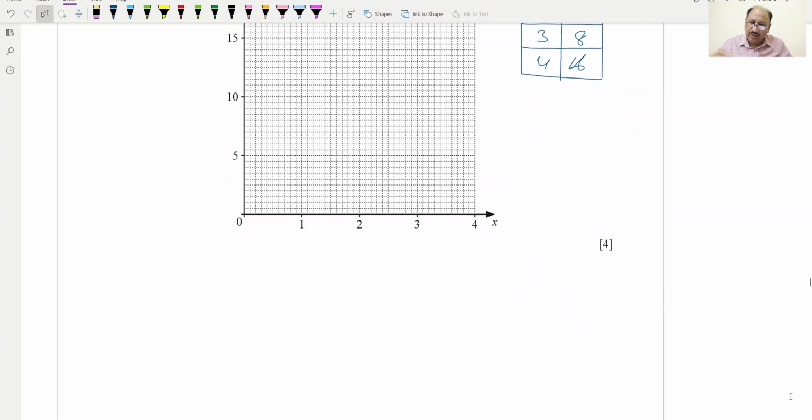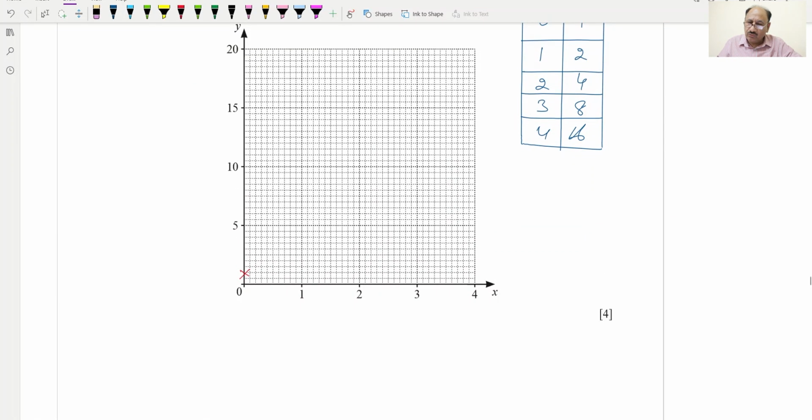So 0 and 1: two boxes are equal to 1, because this is up to 5, so 10 small boxes are equal to 5. Next, 1 and 2 will be up to this one, then 2 and 4 will be here, and 3 and 8 will be this one.